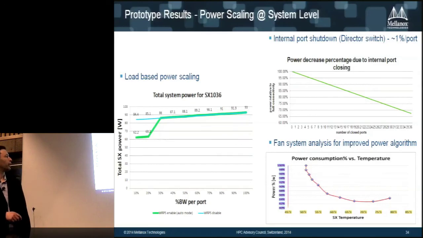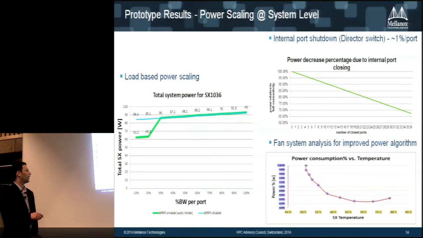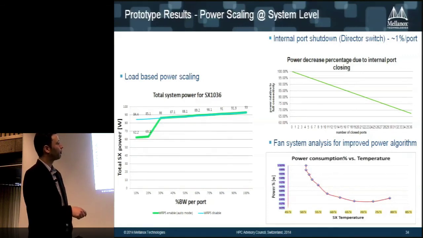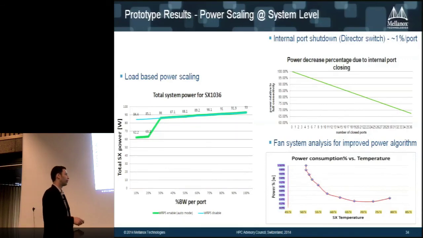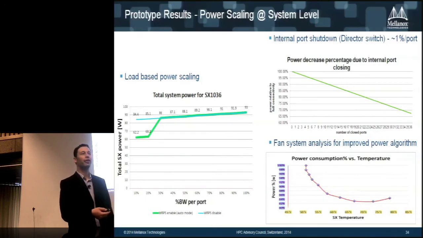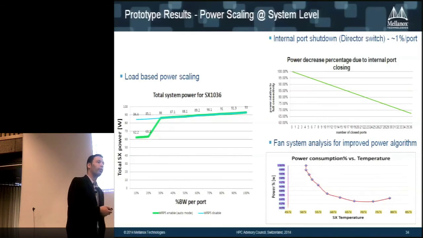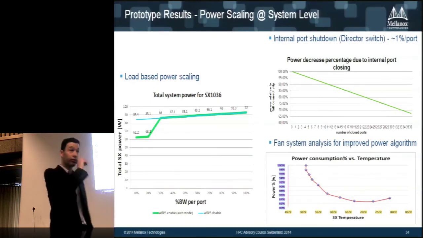So the contribution here to the power is actually the fan that goes really fast. And once the fan works slower, then it consumes less power, but then at some point the switch temperature starts to go up, and once the temperature of the switch goes up, it takes more power. So you do need to find the sweet spot, and actually one curve per each load on the switch, so it's more challenging to find a fan algorithm that will also tune and optimize the power demand of the switch according to the actual load and the traffic patterns on the switch.